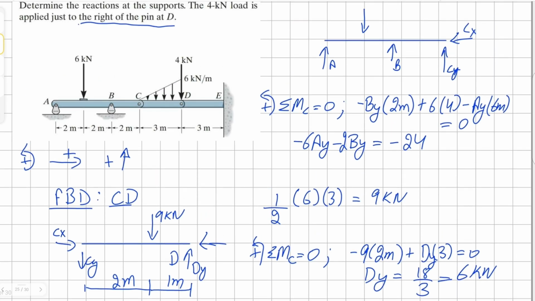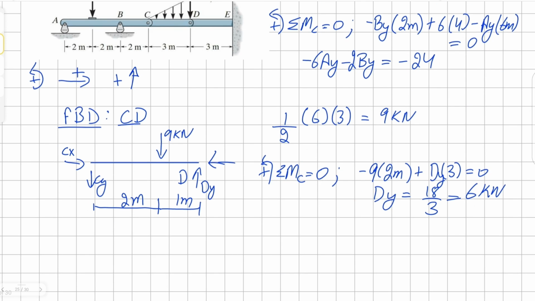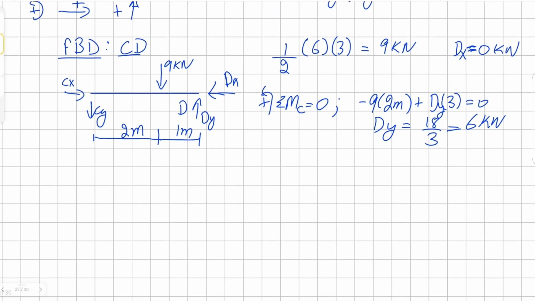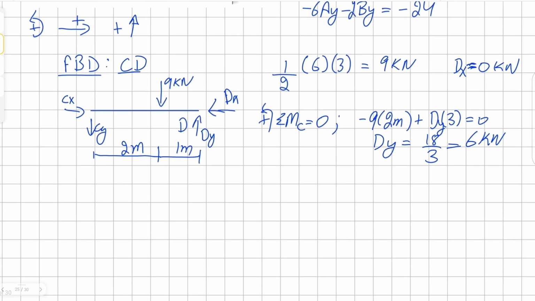Another thing I did not do at section AC, because we know that there's no horizontal reaction forces acting on it, we know that Cx is equal to 0. If Cx is equal to 0, looking at the free body diagram of CD, we can see that Dx is dependent on Cx, therefore Dx is also equal to 0. And now we can find the value of Cy by adding all the vertical forces.